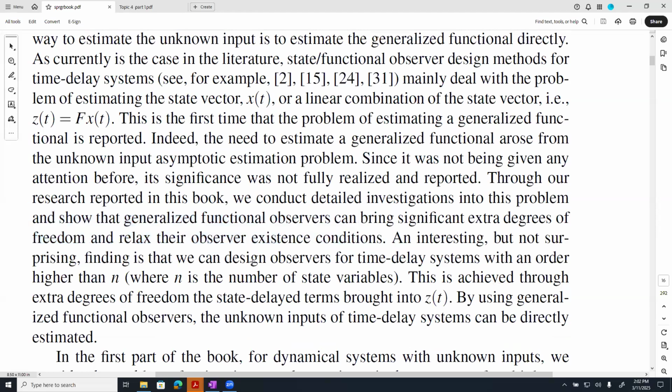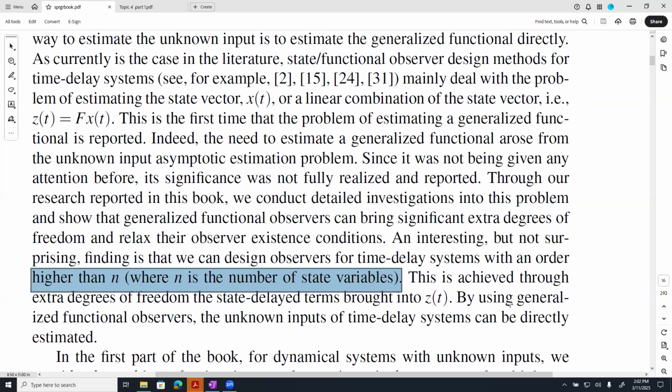And naturally, you see that we come across a situation that sometimes when we design an observer for time delay system using generalized functional observers, we can have a situation where the order of the observer is actually higher than the number of the stack variables, and that is a very intriguing situation.